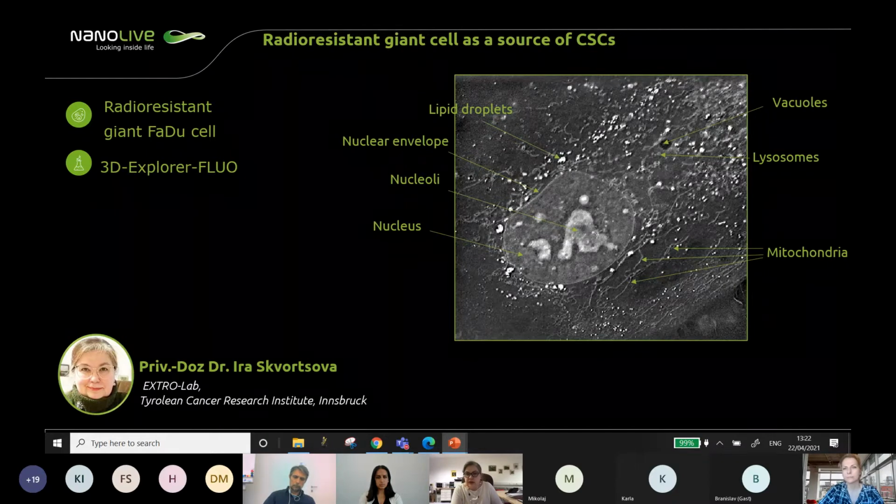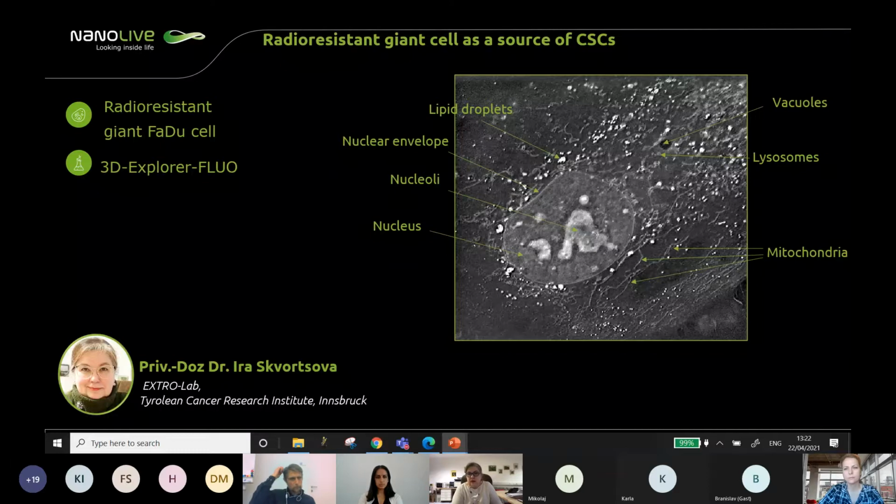And as you can see here, the giant cell is so big that the field doesn't contain the full cell. However, this giant cell provides us with the possibility to observe different organelles, and we plan to treat the cells to select the giant cells and then to see how the giant cells could respond to different kinds of therapeutic approaches.